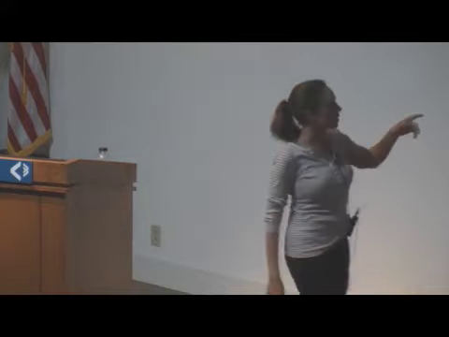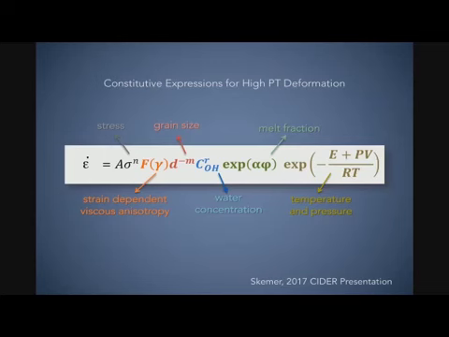Because this equation is really complex, one way to get into diffusion creep is to really decrease the grain size. But the other things that become important as you go deeper is this term, and in particular, the activation volume becomes really important when you go deeper. So another way to get into diffusion creep is to increase P, and I think because of the activation volume term, then you can also get into diffusion creep.